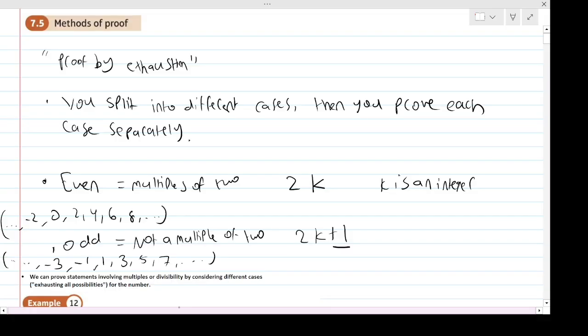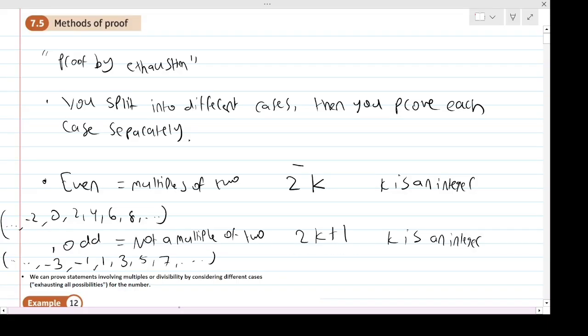Because if we take 2, 4, 6, 8 and add 1 to all of these, we get 3, 5, 7, 9. Well, hang on, that's just a list of odd numbers. So therefore, again, when k is any integer, we can write an odd number in that way.